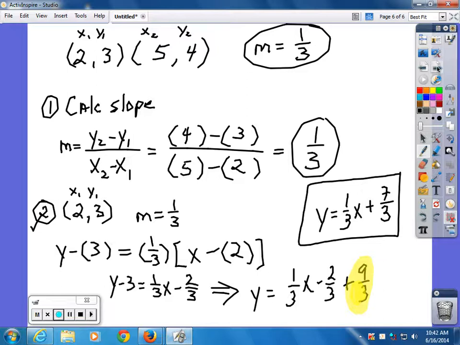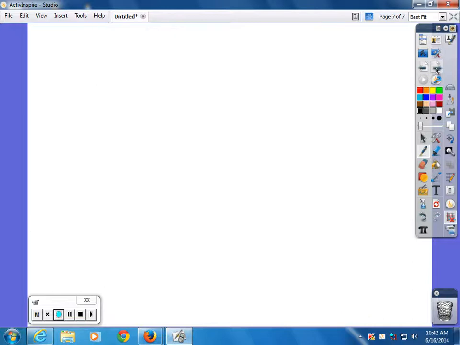Now, there's a couple other properties you need to know. And that is, this is another property. When y is equal to a number, it's parallel to the x-axis. Now let me ask you a question.